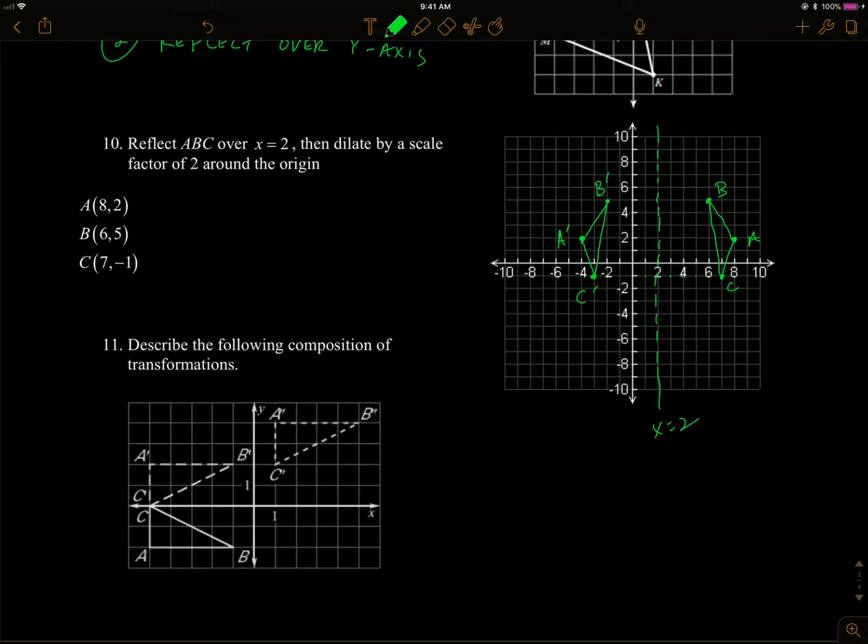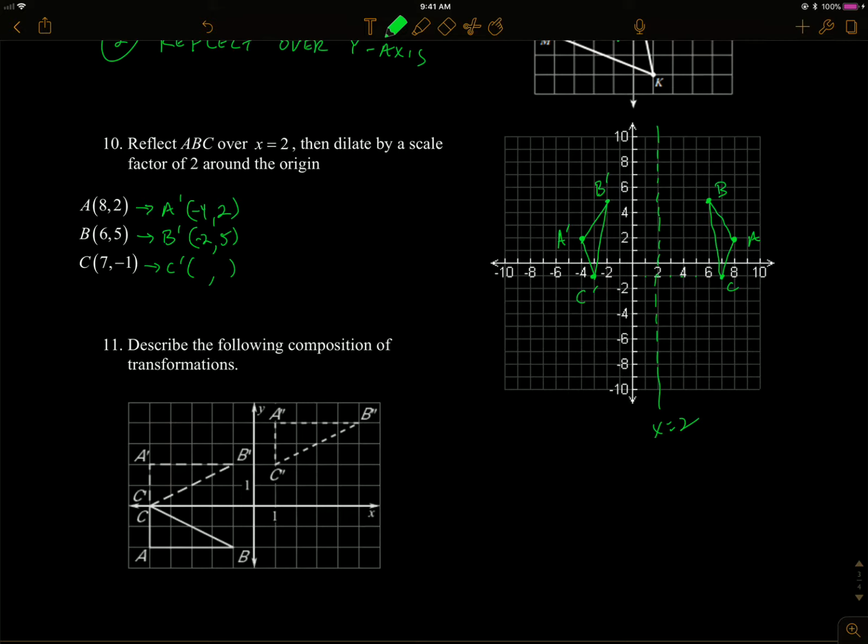And then dilate by a scale factor of 2. So let's look at our new coordinates. A prime is now at -4, 2. B prime is now -2, 5.